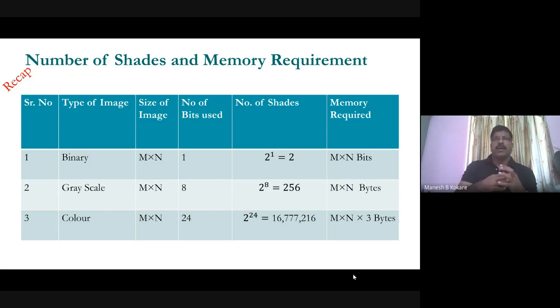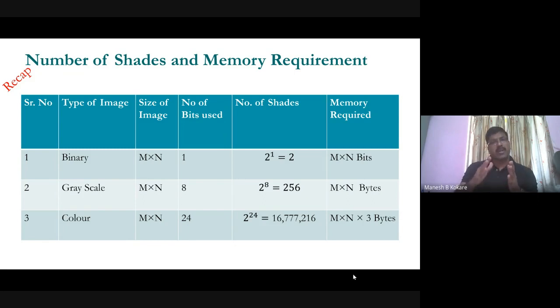For a color image we use 24 bits, so the number of shades is 2 raised to 24, which is 16,777,216. That is more than 16 million color shades.